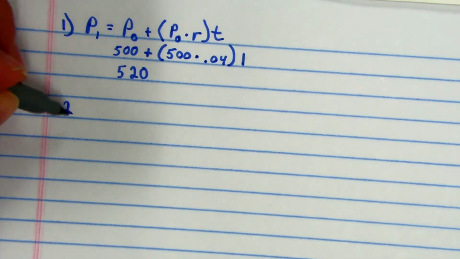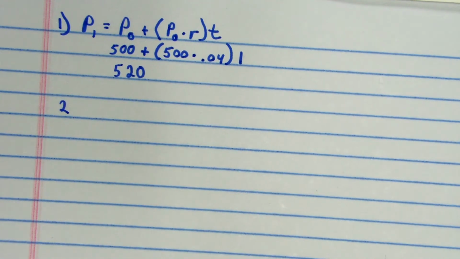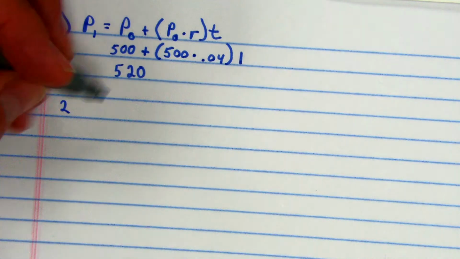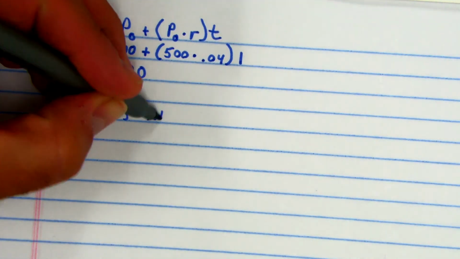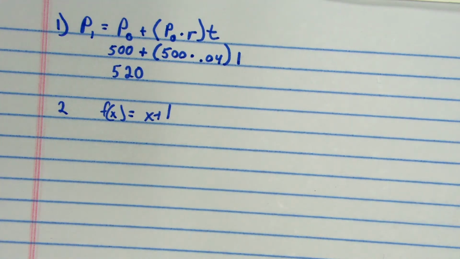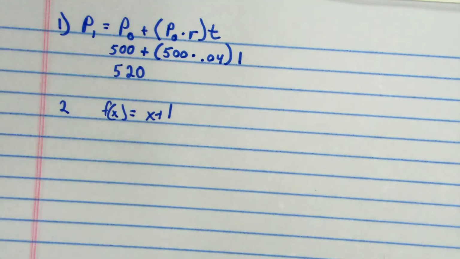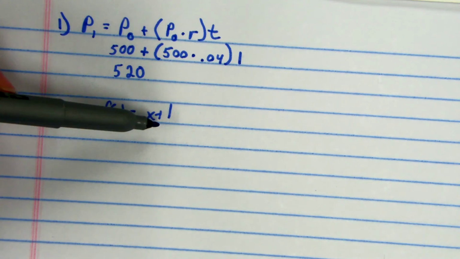Problem 2 says which function represents, and the original one was this, and we wanted the coordinate notation. So you're supposed to be paying attention to the parentheses. There are no parentheses, so this happens outside the parentheses, so this tells me I'm moving up and down.